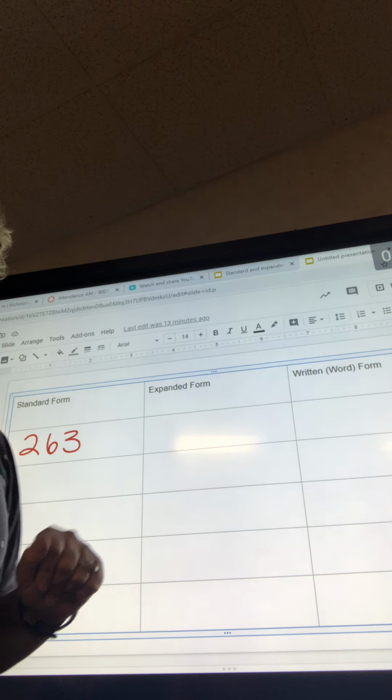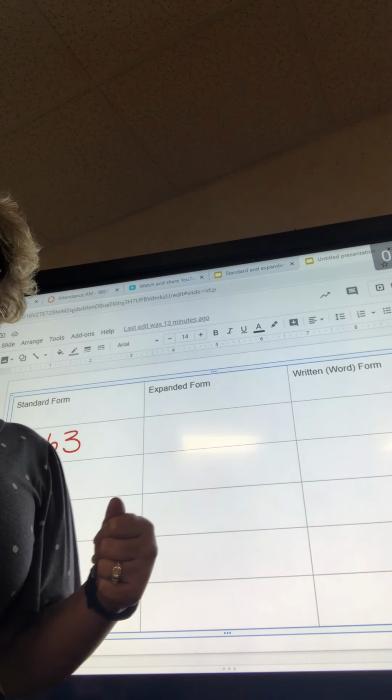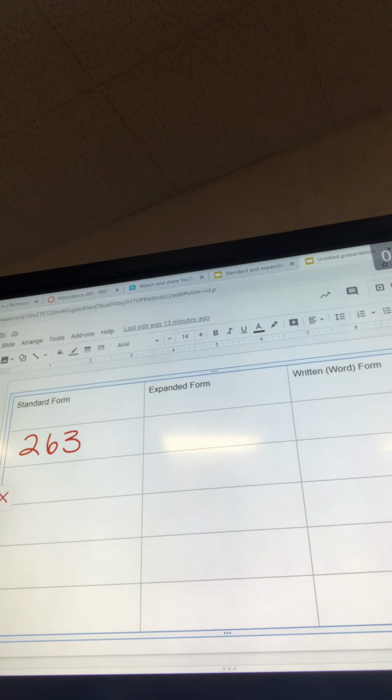So for number one, I'm going to create a number in standard form. I am going to create the number 263, and I'm going to write that where it says standard form on that first line. Now I'm going to break it apart. I'm going to use expanded form. So I want to think about how much I have in each place.